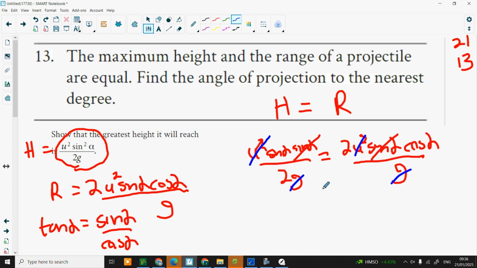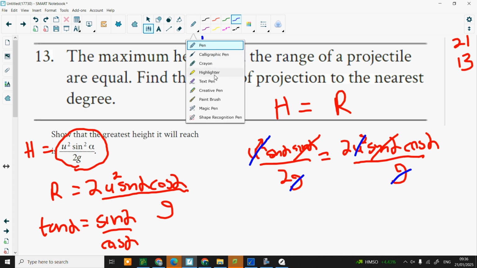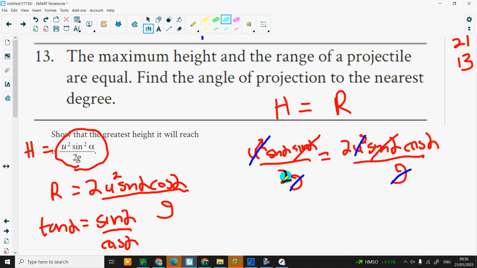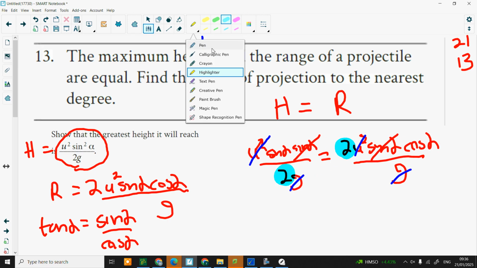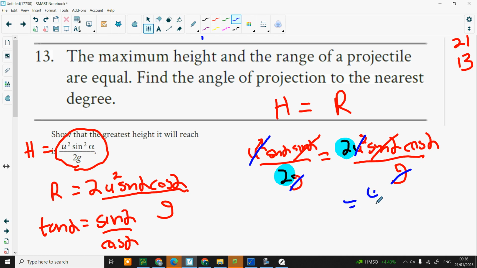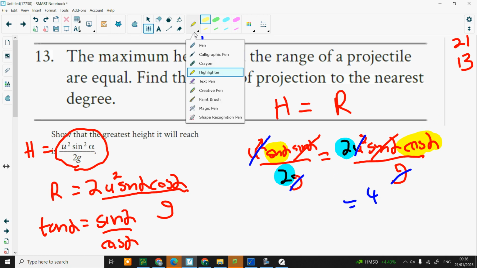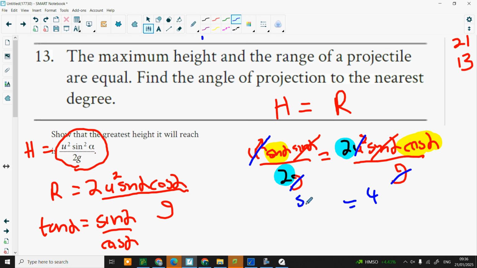And what I'll get is, everybody see the 2 and the other 2? Bring the bottom 2 towards the top 2, and what do you get? 4. And everybody see the cos alpha? See that sine alpha and that cos alpha? I'm going to bring the cos alpha directly underneath the sine alpha. Exactly. And tan alpha over 4.